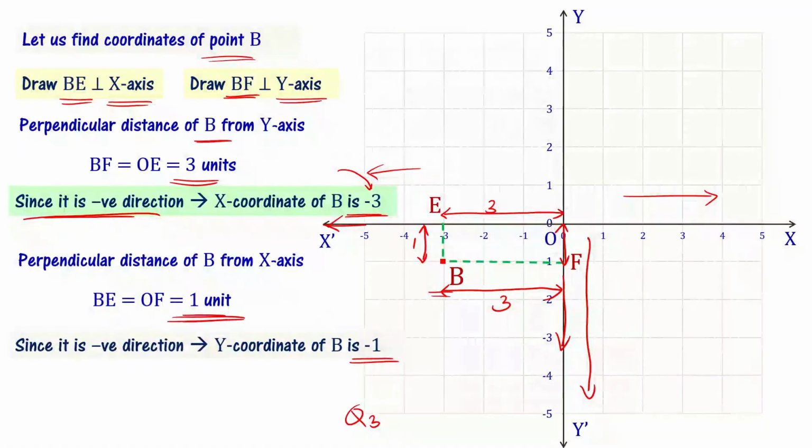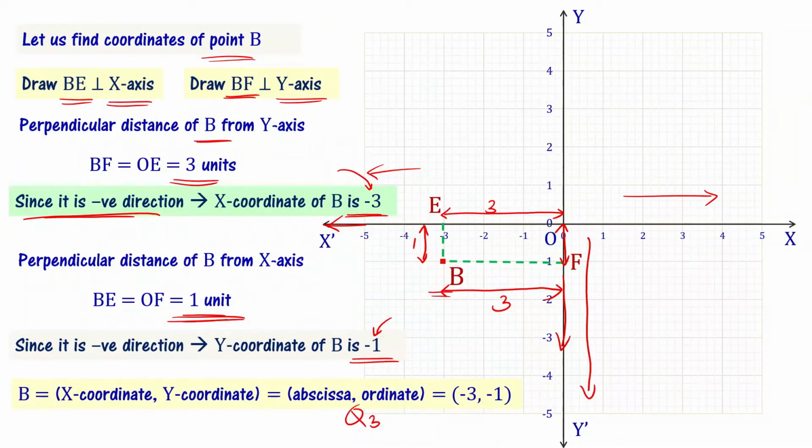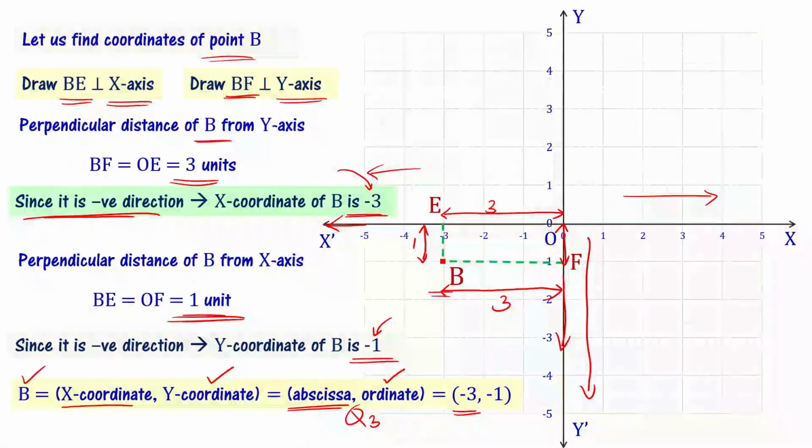It is 1 unit but the sign is minus. Understood? Now you can say that the x coordinate or abscissa of point B is minus 3 and the y coordinate or ordinate of B is minus 1, right? So what are the coordinates of B? Minus 3, minus 1. Understood?